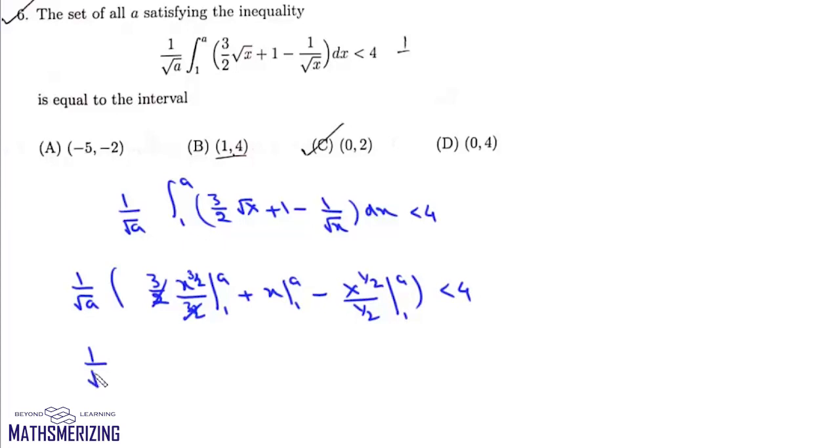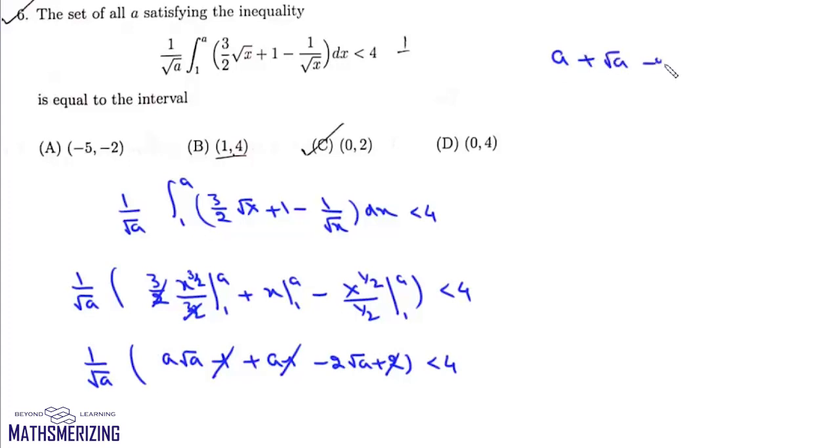So it will be 1 upon under root A, and here will be A root A minus 1 plus A minus 1, and here it will be 2 root A plus 2, that is less than 4. Now 2 and minus 2 will cancel. We can write this as A plus under root A minus 2, it is less than 4, or under root A square plus under root A minus 6, it is less than 0, which is root A plus 3 into root A minus 2, it is less than 0.